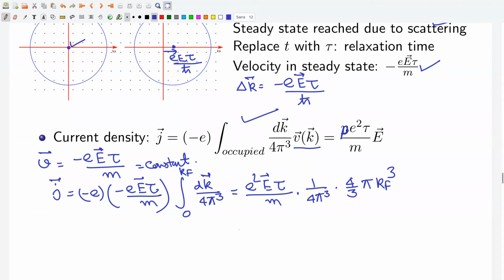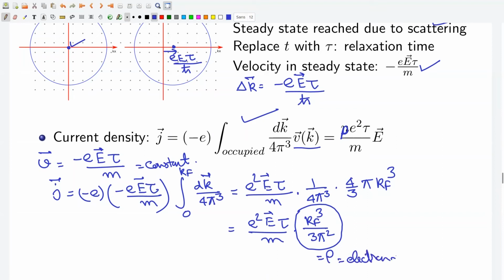And this is equal to e square times electric field tau divided by m times kf cube divided by 3 pi square. Note that this term is equal to rho, the electron density.